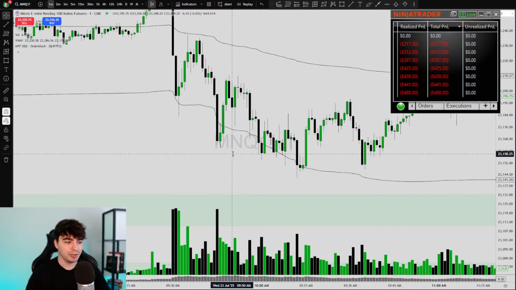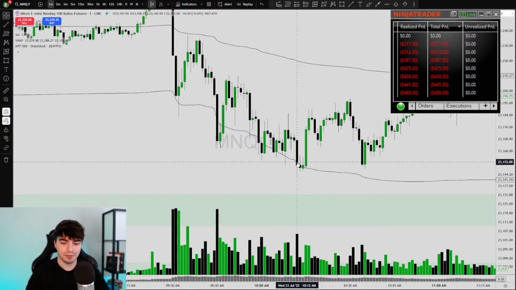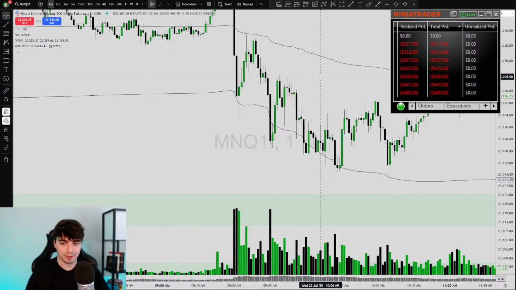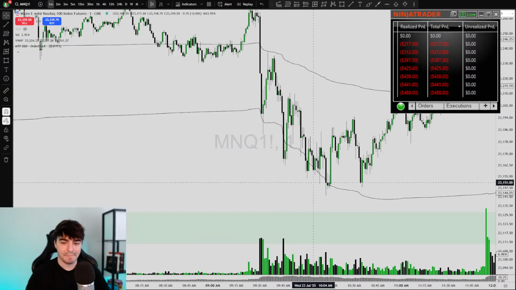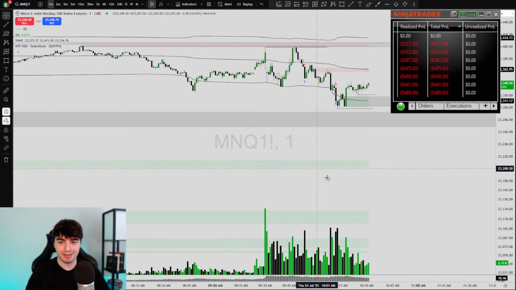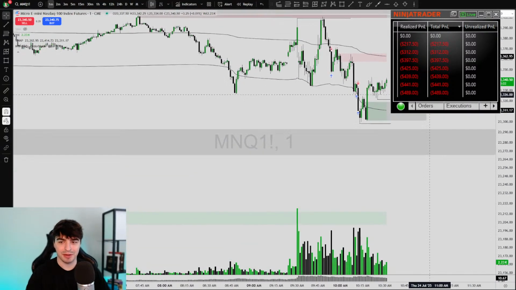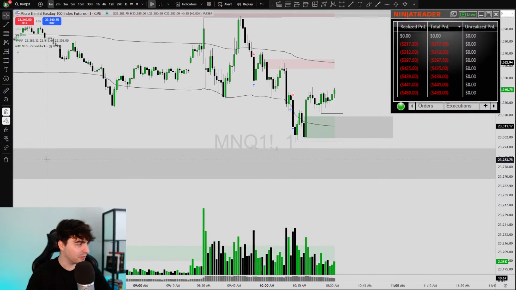So there was just a good chance, like I always say on stream, usually at the end of a move you'll get a big volume spike. So you got a big volume spike here. It was towards 10 a.m., which is usually when price starts to turn around. And so it was just a good guess, right? There's no way to know. If I knew that was going to be the bottom of the day, then I would full port everything, right?